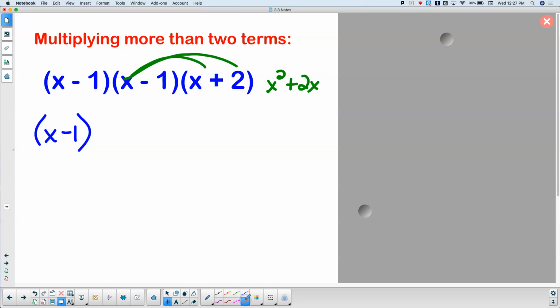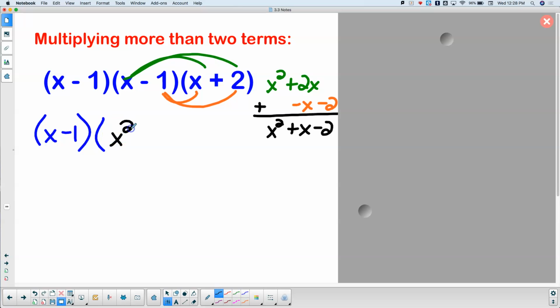And then I'd have to distribute those in that one into those 2, and that would give me negative x minus 2. And then I would combine those 2, and I'd get x squared plus x minus 2. And then that goes there.